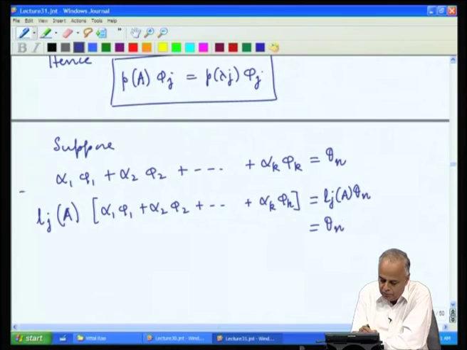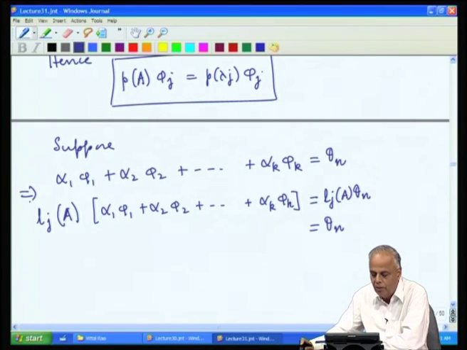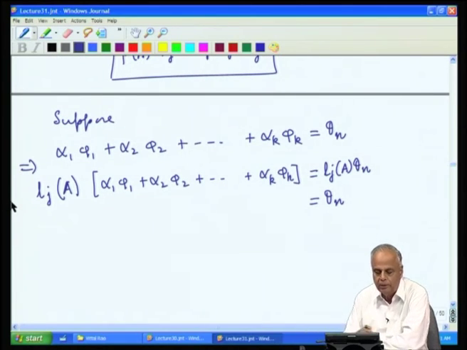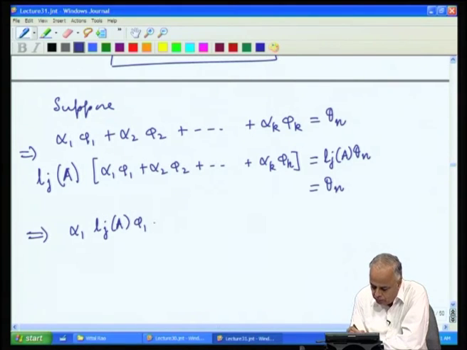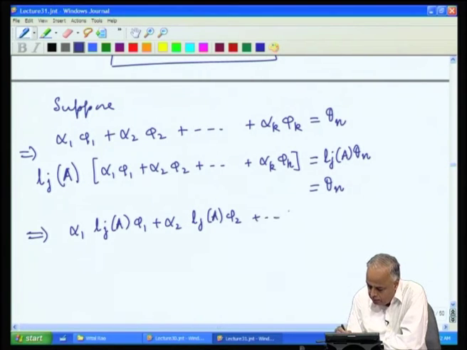So, if alpha 1 phi 1, alpha 2 phi 2, alpha k phi k sum is 0, then Lj A of this must be 0. That says alpha 1 Lj A of phi 1 plus alpha 2 Lj A of phi 2 plus etcetera alpha k Lj A of phi k is 0.